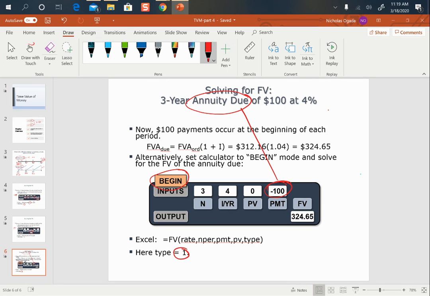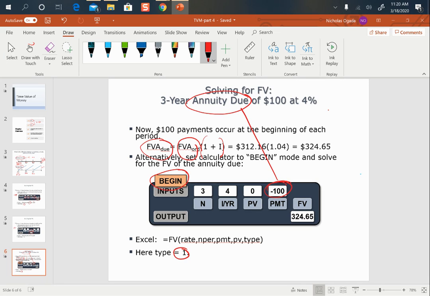The only difference is if you're looking at the future value of an annuity due, you'll find the future value of an ordinary annuity, and then you multiply this by an extra payment, which is 1 plus i, and that will give you what the future value of that annuity due is going to be. So I'm assuming this information helps you.